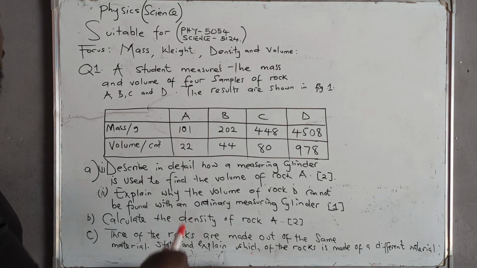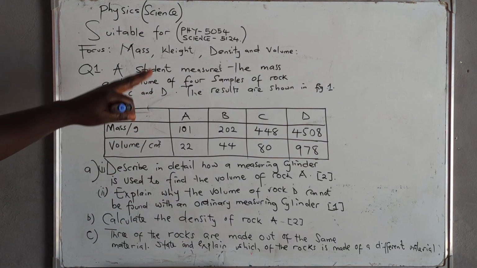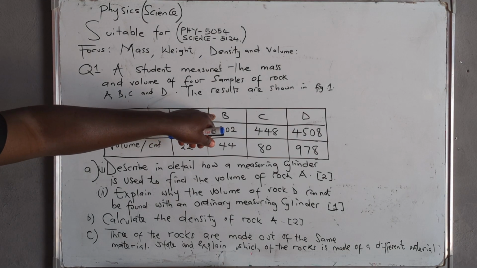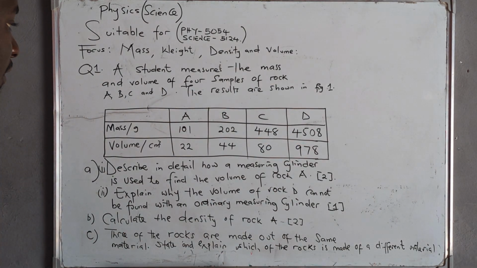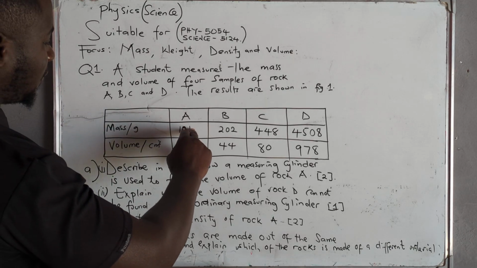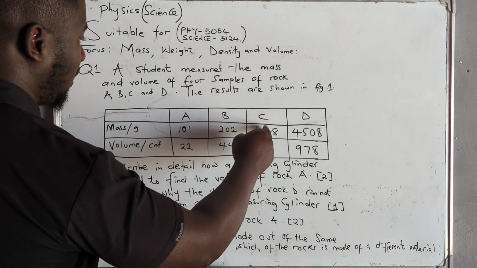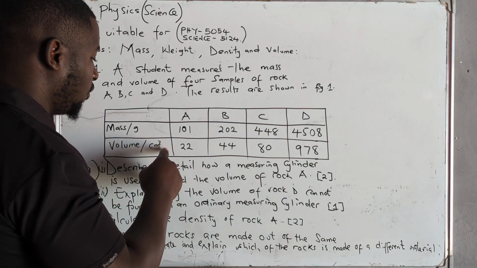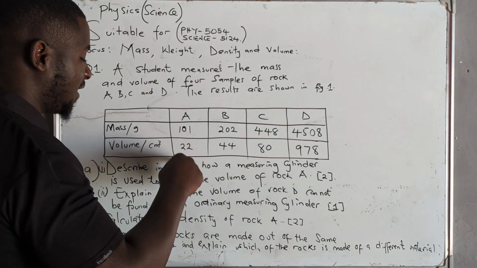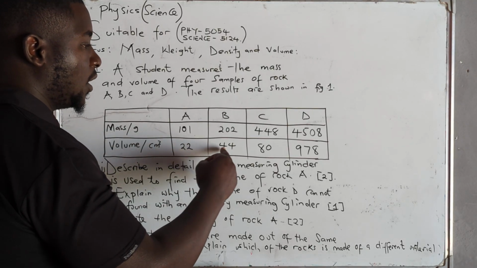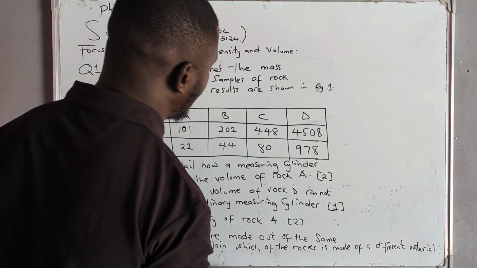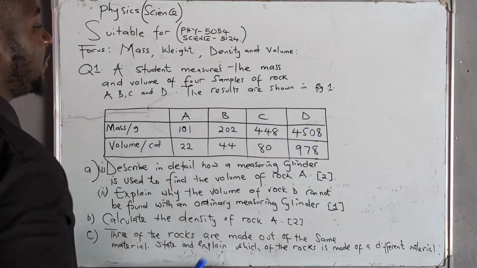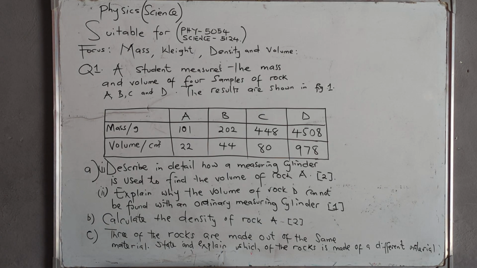We have volume and mass, then rock A, rock B, rock C, and rock D. The volumes are in cubic centimeters: the volume for A is 22, for B is 44, for C is 80, and for D is 979. Let's quickly see what the examiner was asking us to do.